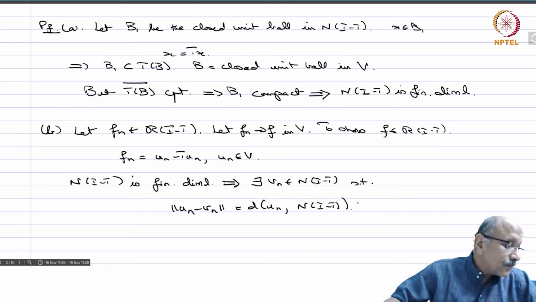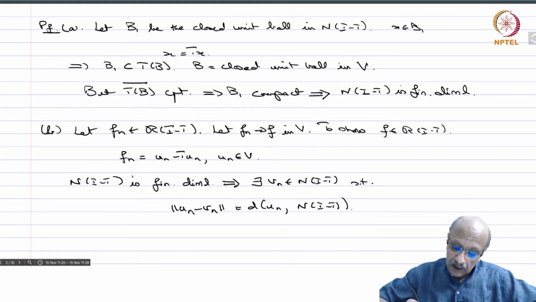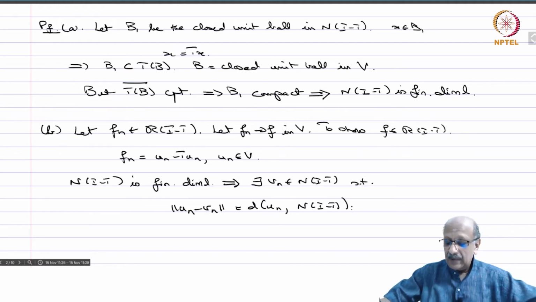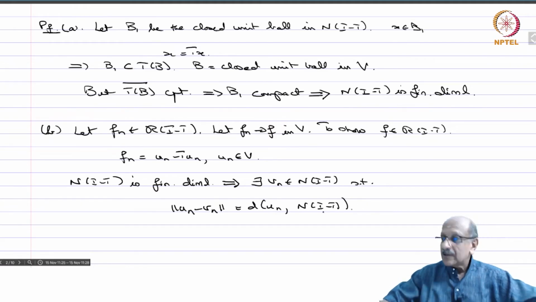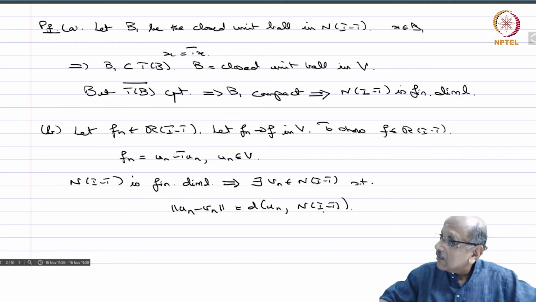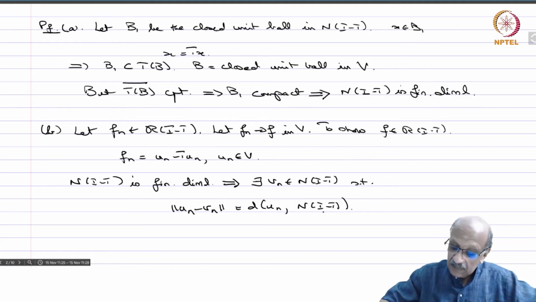Why is this so? Now what is the distance of u_n from N(I minus T)? It is nothing but the infimum of the norm of u_n minus v for all v in N(I minus T). So you take a sequence, say v_m, such that the norm of u_n minus v_m converges to the distance, but then you are in a finite dimensional space, therefore a bounded sequence has a convergent subsequence, and therefore the limit of that convergent subsequence will be in fact the point.